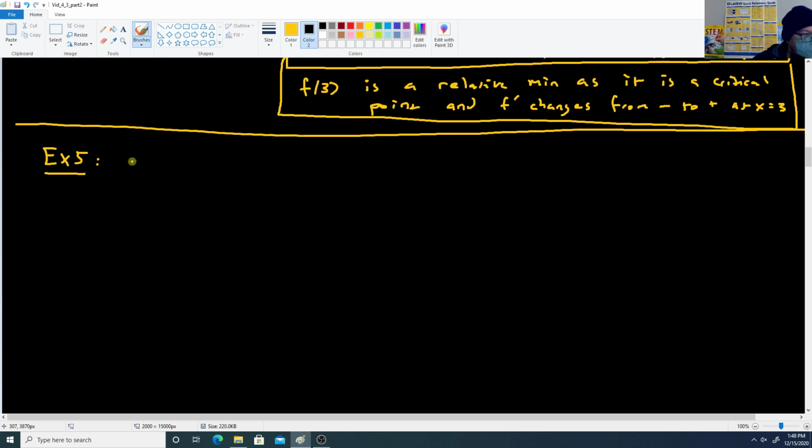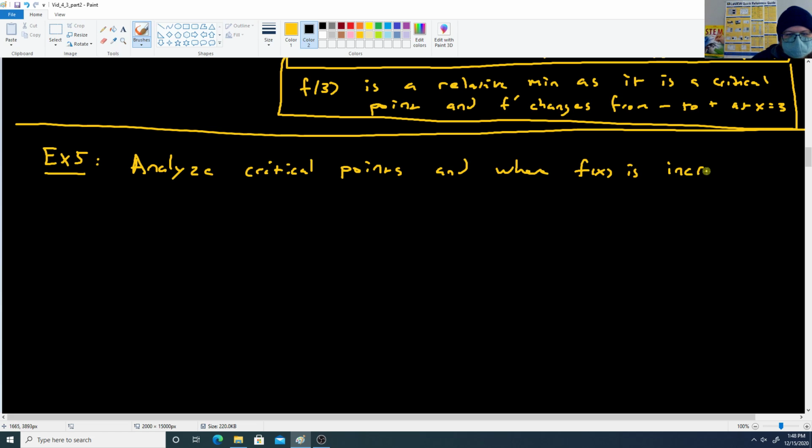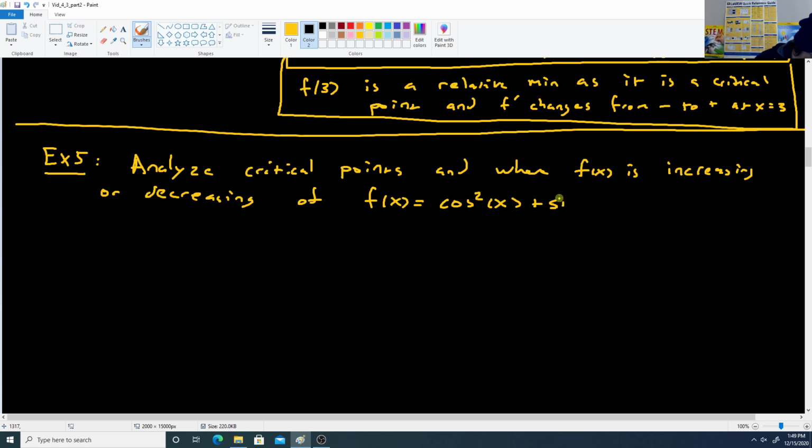So we want to analyze critical points, and where the function is increasing or decreasing, of the function f of x equals cosine squared x plus sine of x on 0 up to pi.